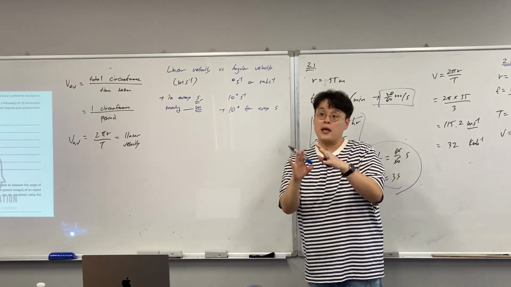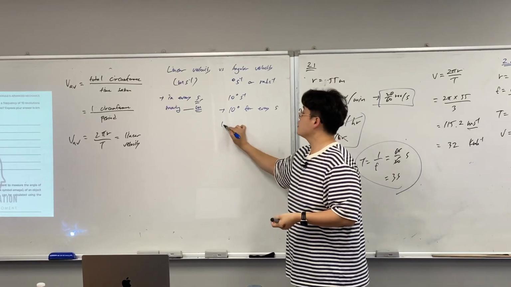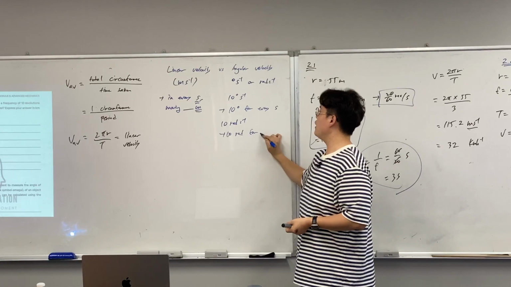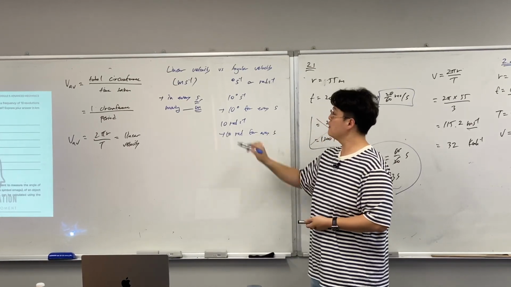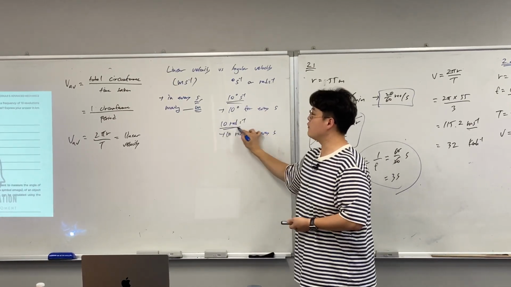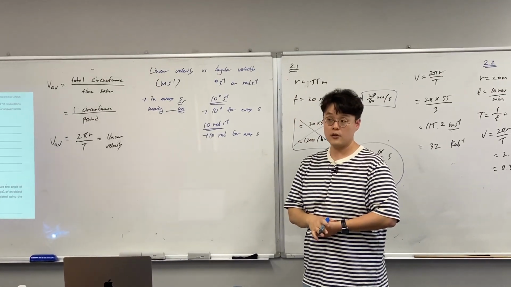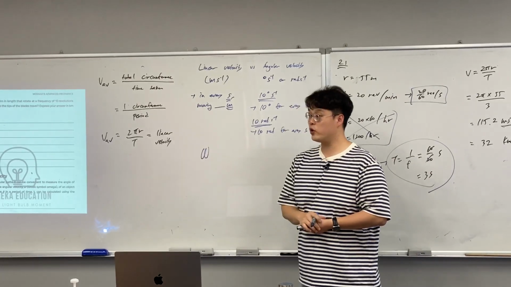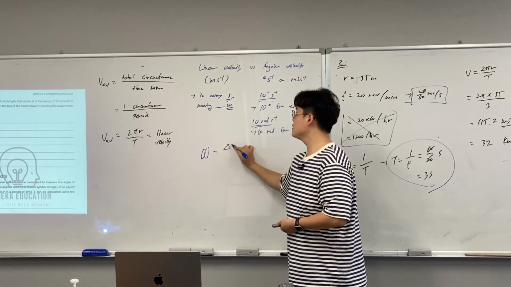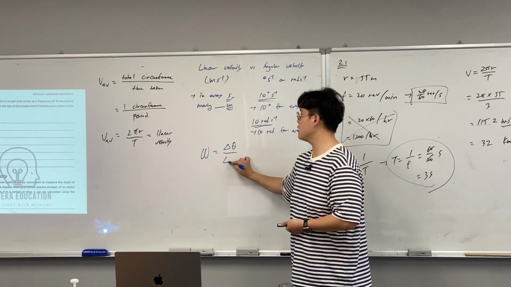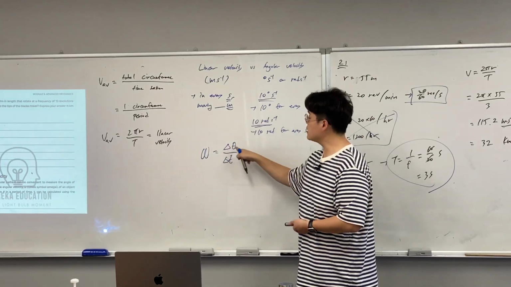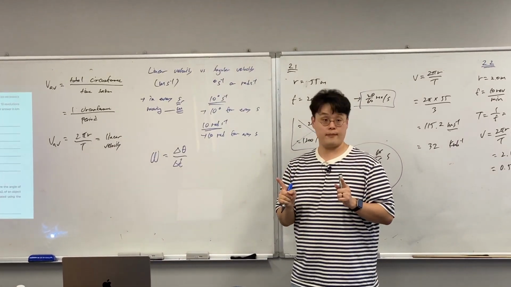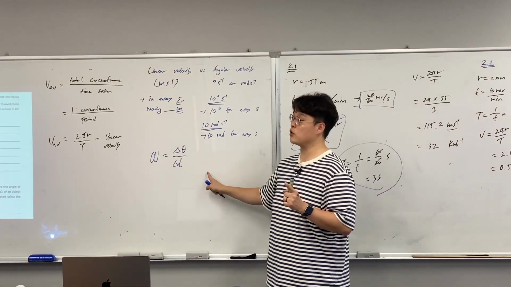We are considering the angle it moved. Or 10 radians per second means 10 radians for every second. So in short, angular velocity is known by the symbol omega, or w. It is found by delta theta divided by delta t, where delta theta means the change in angle, divided by the change over time. That's what's given in your formula sheet.